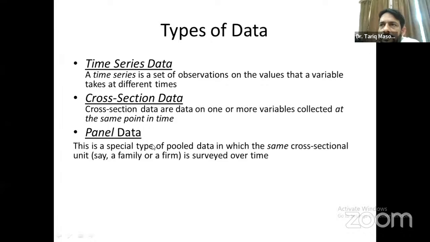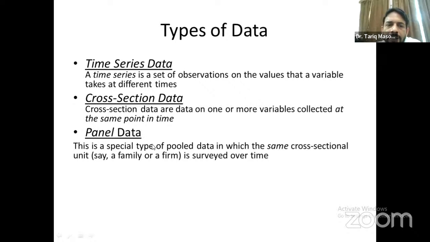If you are concerned with the spatial dimension, you will use cross-sectional data. But when it comes to econometric or regression methodology, there are a number of issues which are specific to the type of data. In case of time series data, different issues arise. In case of cross-sectional data, we deal with different issues.